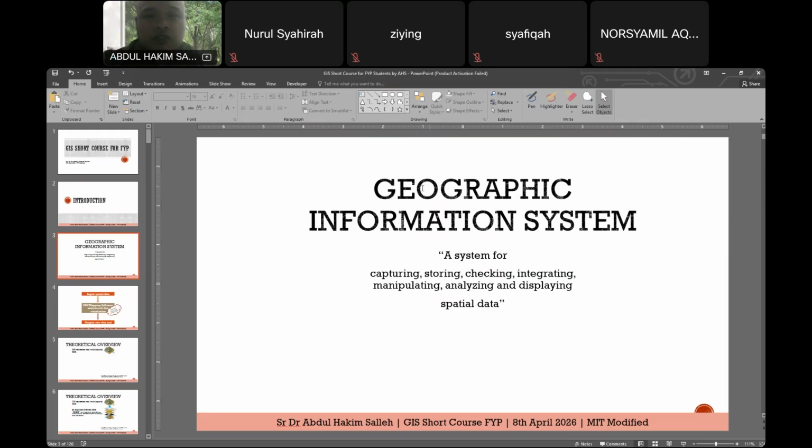Now here is the by-the-book definition. Geographic information system is a system for capturing, storing, checking, integrating, manipulating, analyzing, and displaying spatial data. Well, it doesn't sound like much, does it? It doesn't sound like something big, because basically your smartphone is now capable of doing these things.